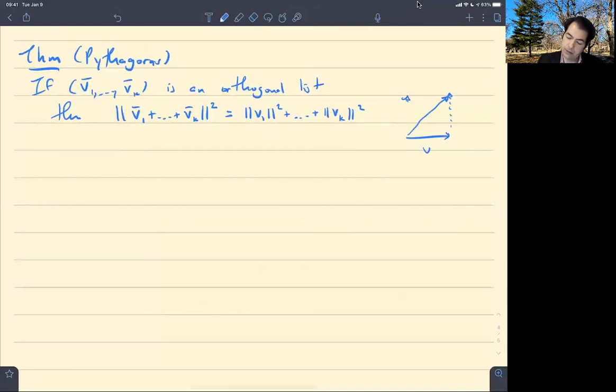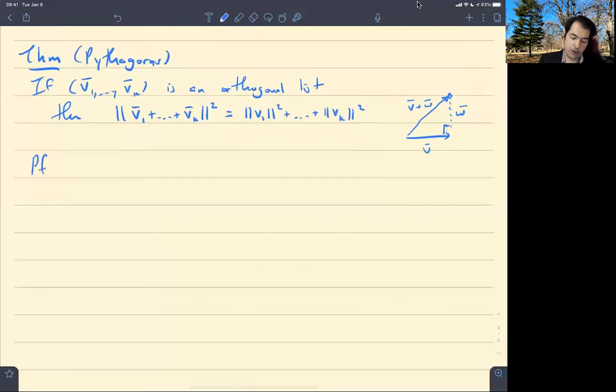Let me label this one as w. Then this vector is v plus w, and this angle is 90 degrees. So in the case of two vectors, you see that this is the classical Pythagorean theorem setup. The Pythagorean theorem tells us that the length of this vector squared is equal to the sum of the lengths of this vector squared and this vector squared. And that's exactly what we're saying is true in any inner product space.